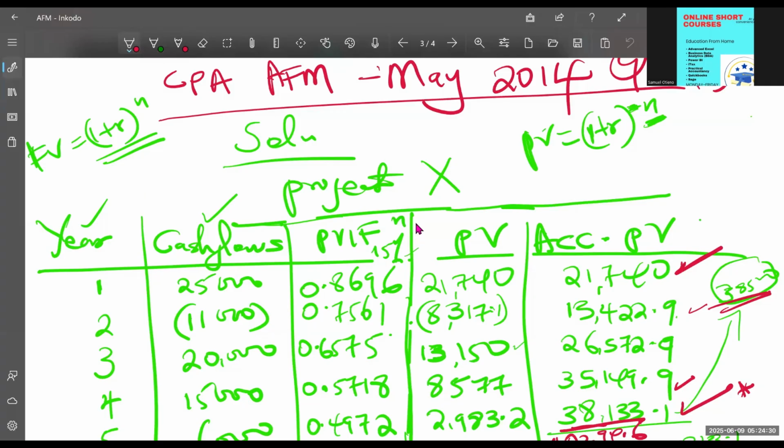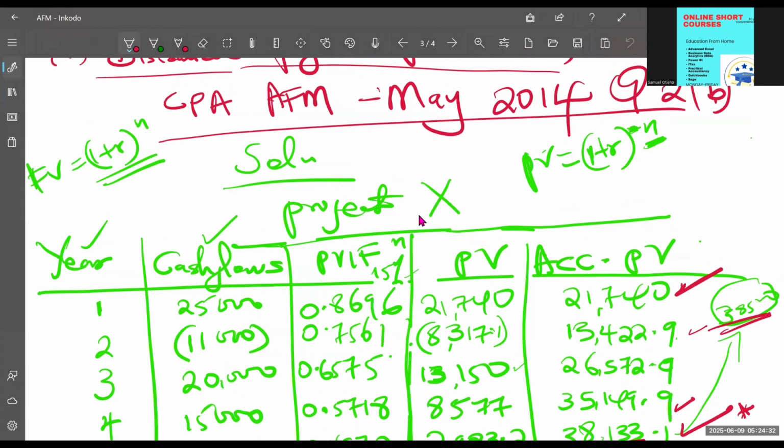Now, if we look at the first one, which we did, the key points that you need to remember and pick: I told you to do project evaluation or project appraisal using discounted payback period. We need to know what is discounting, and I gave you a difference between discounting and compounding.